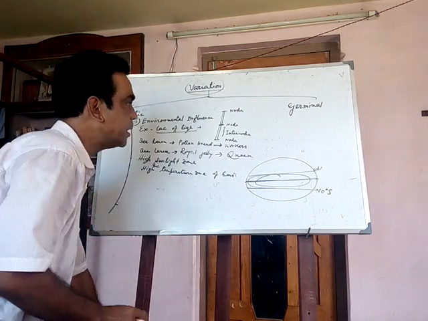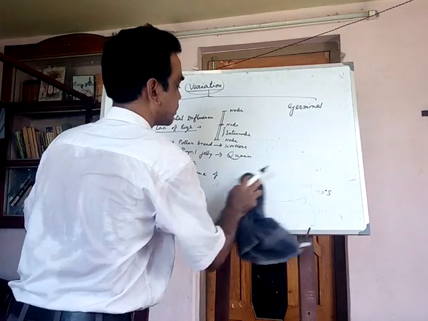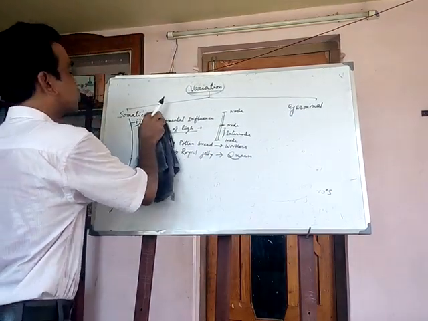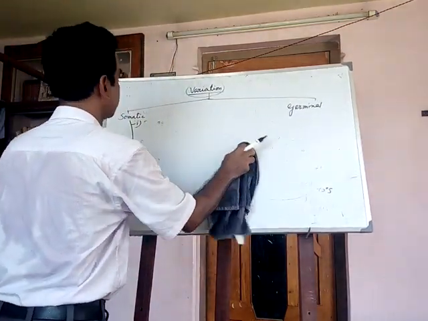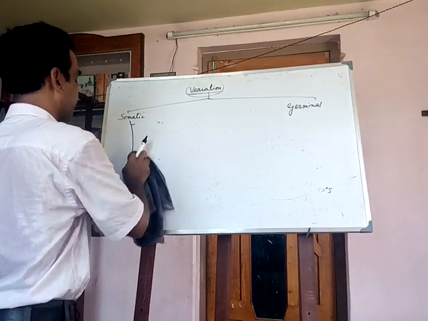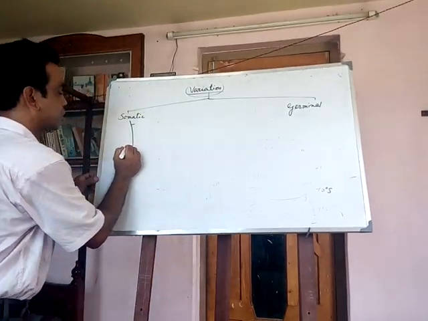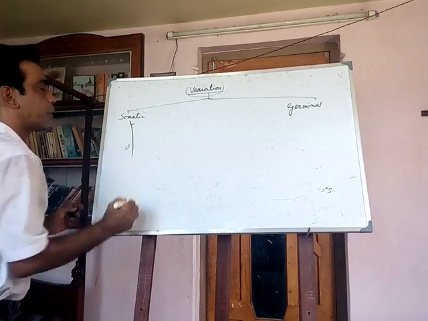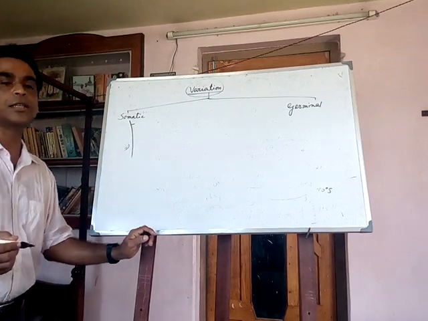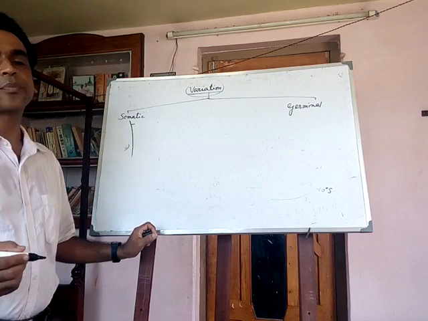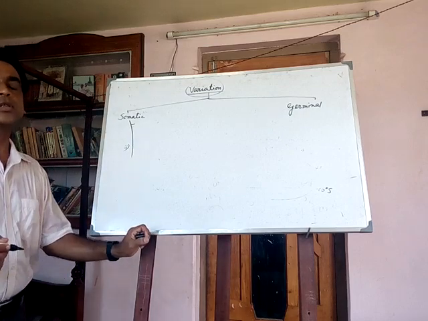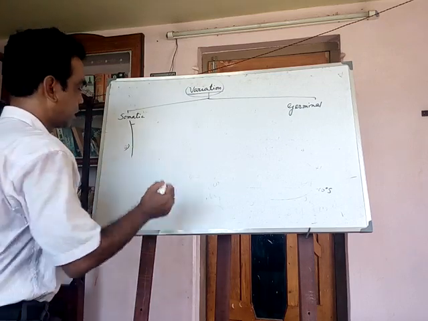Now, the second component of Lamarck's theory is use and disuse.